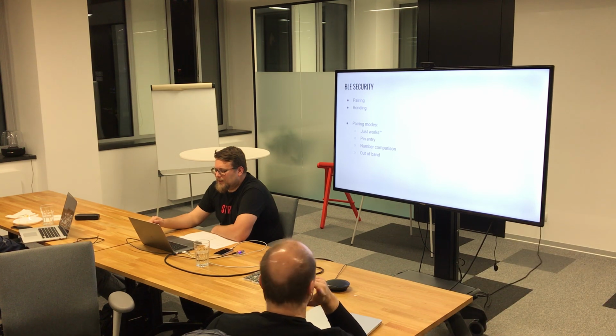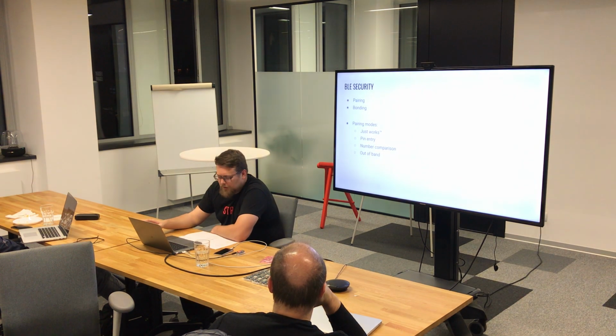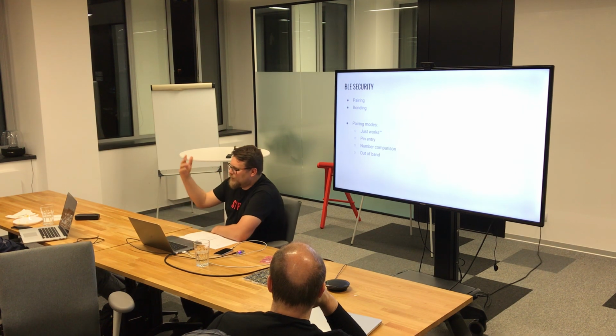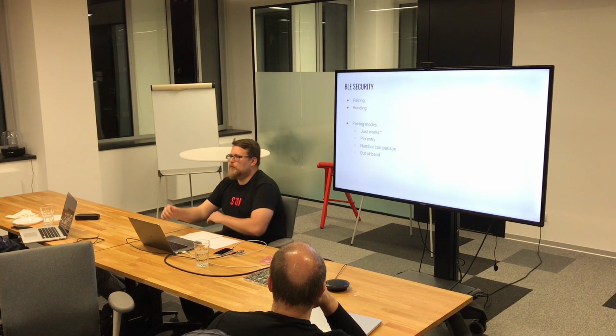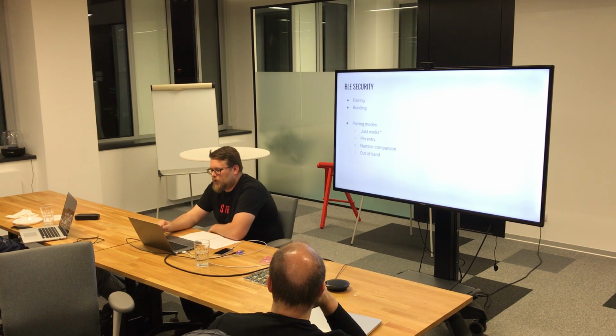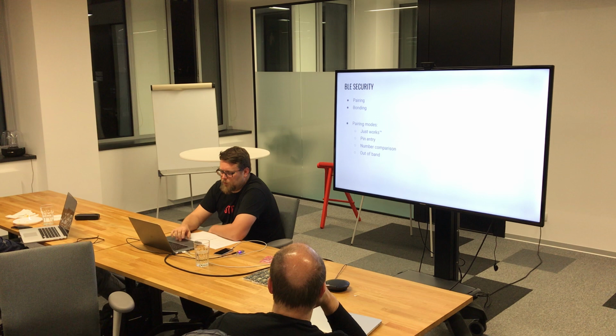This might look a little bit weird, but imagine that you have a device that has no keyboard, it has only a status LED or something, and you have no way how to input something there. So you just use this first mode of pairing, and sometimes it's tied, for example, to push of a button. You can pair with the device only after you push a button on it, so no one else can pair with it without your knowledge. So this is the first mode.